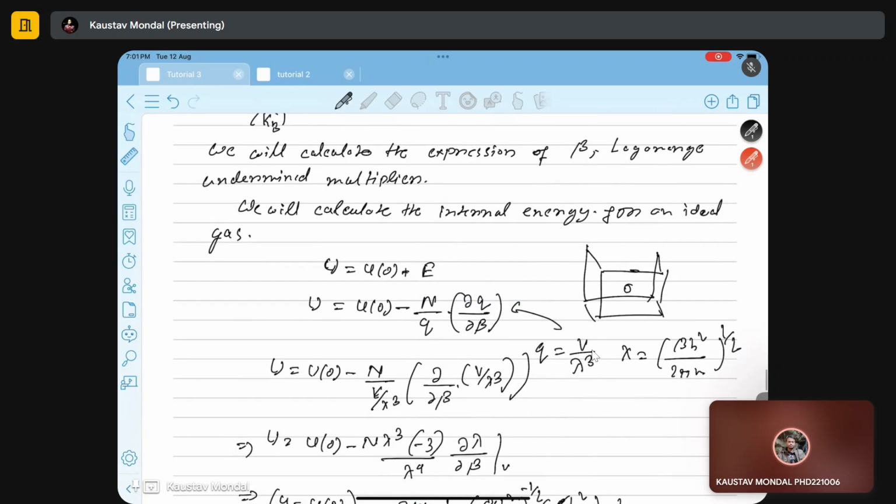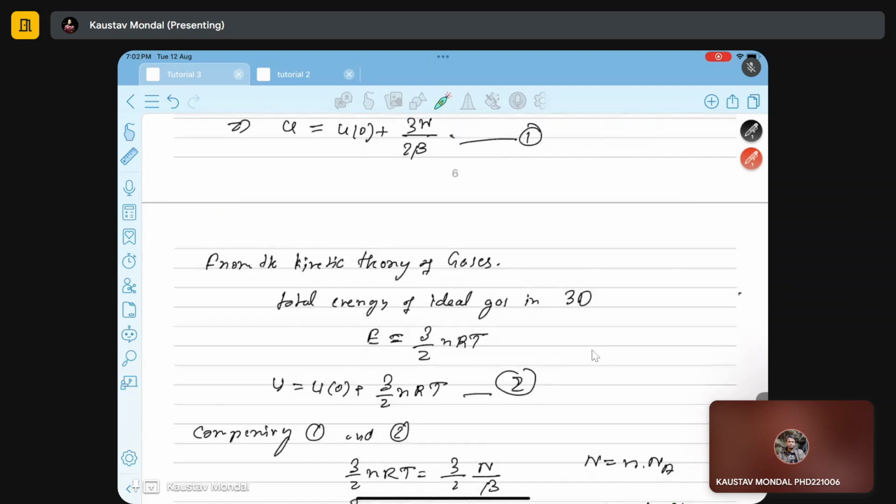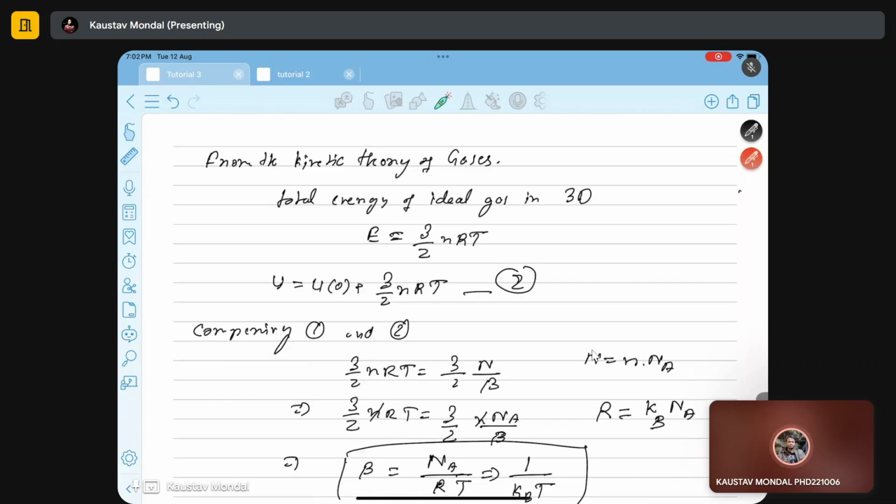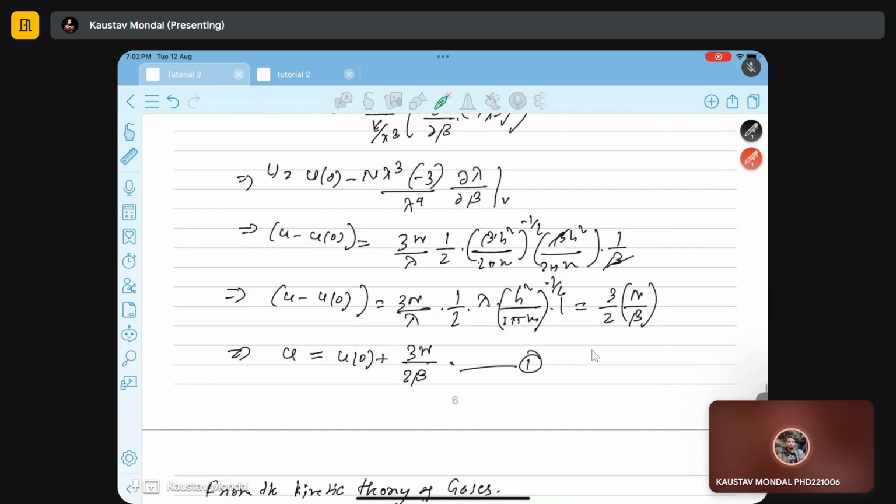We first calculated the ideal gas problem using the formulation of partition function, like how we have done in the previous problems. Now, using the kinetic theory, we have also calculated the internal energy in a different way. In the previous case we calculated the internal energy using the partition function.